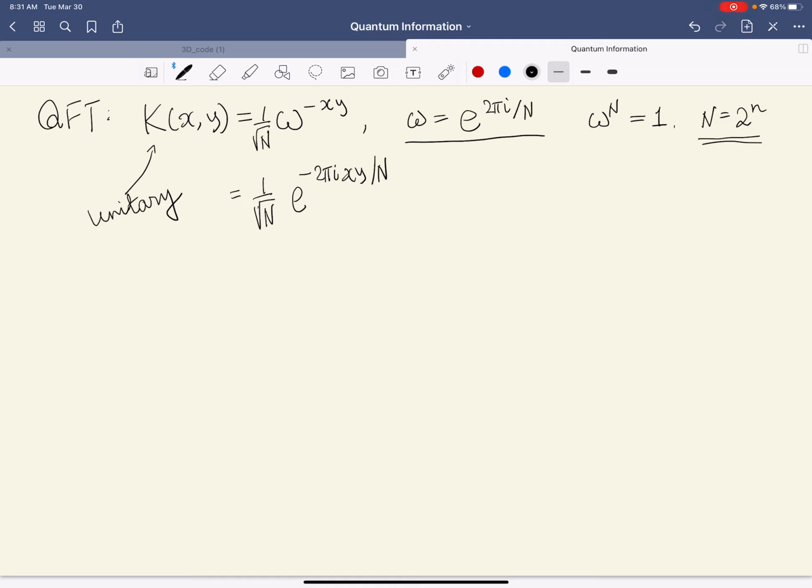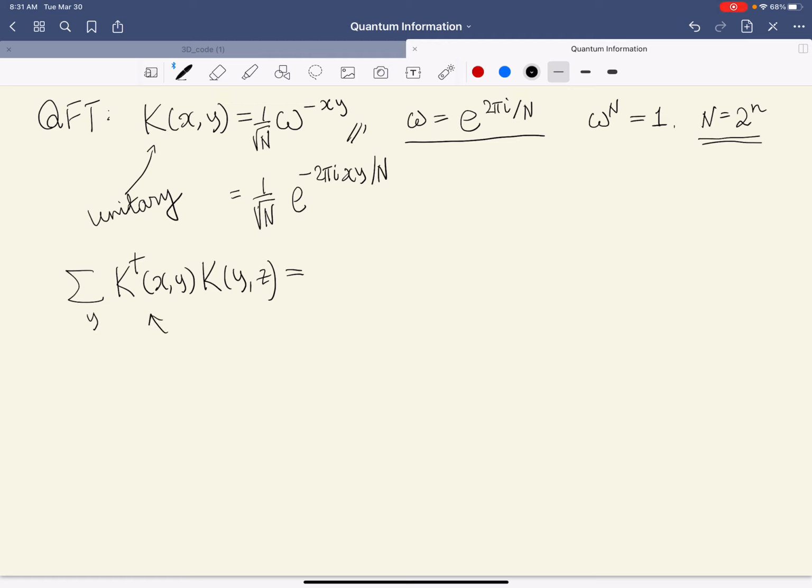So is that the case with this special choice? Well, that's easy to verify, so I'm going to verify it. So I'm going to do this summation and prove that what results is an identity.